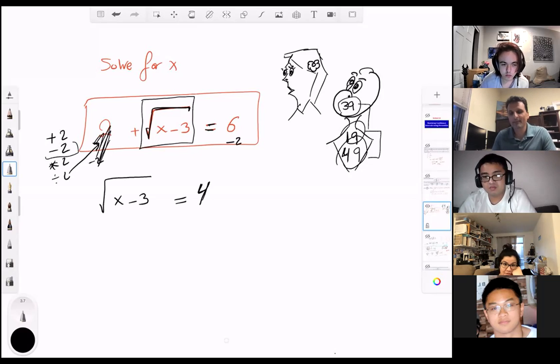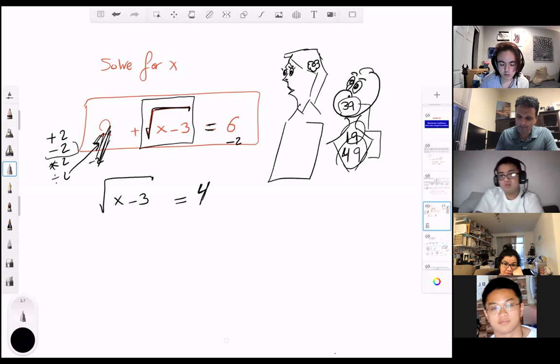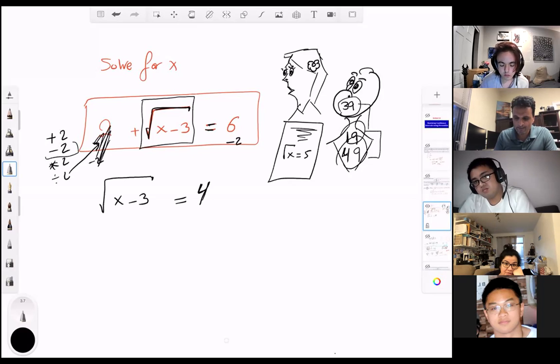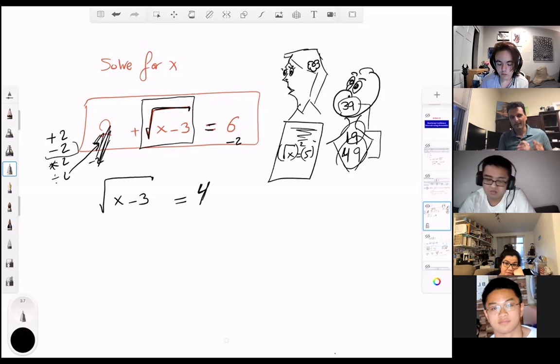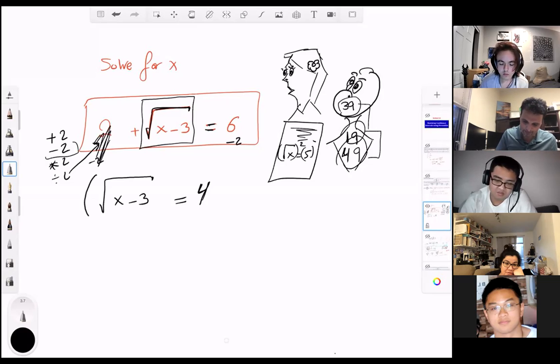So now we have the radical by itself. In your note sheet, you said if there is a radical, like radical x equal to 5, then we have to square both sides to get x by itself. So I'm going to square this side and square the other side.